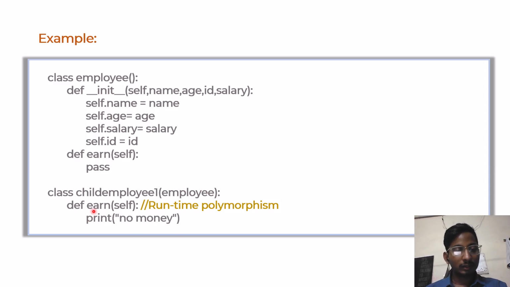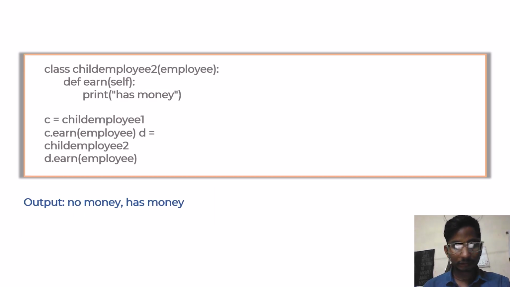The first function is def earn, which in the first class Employee only has pass, but in the child class we write something inside this function. We also create another class, child employee 2, and inherit from it as well. Overall, we create an object of them and directly call them. The output is no money was earned.